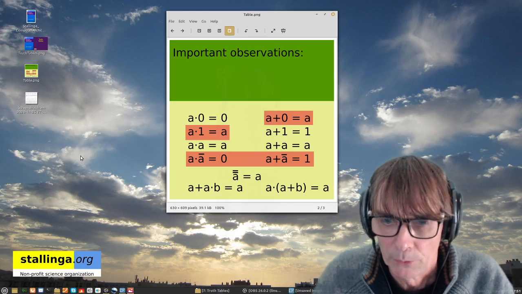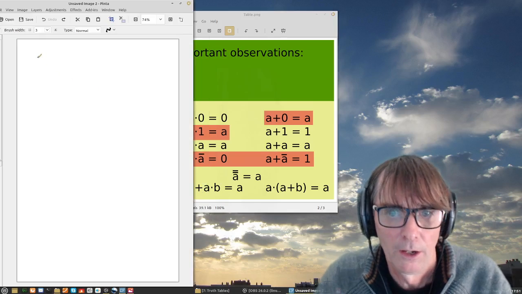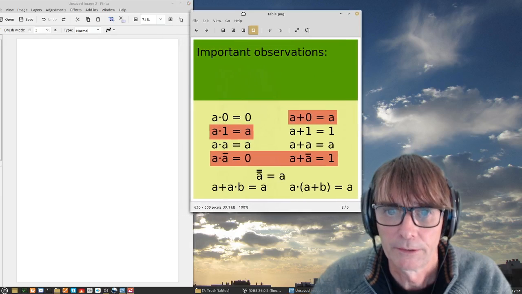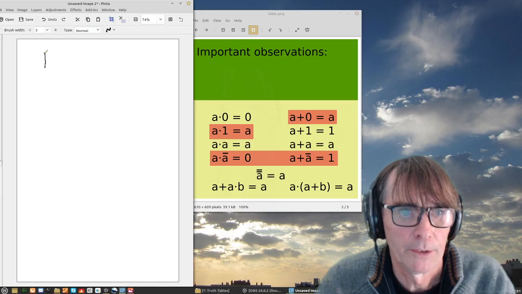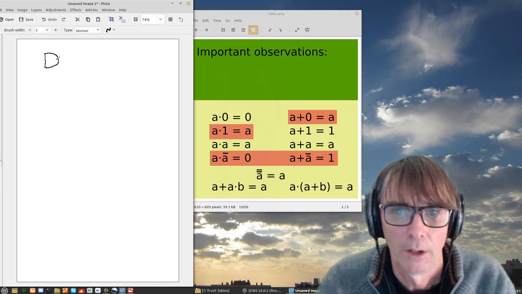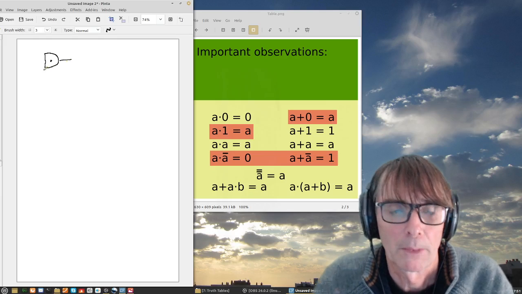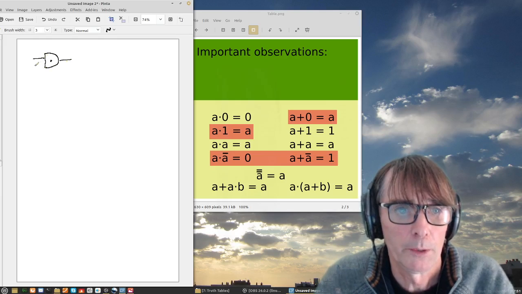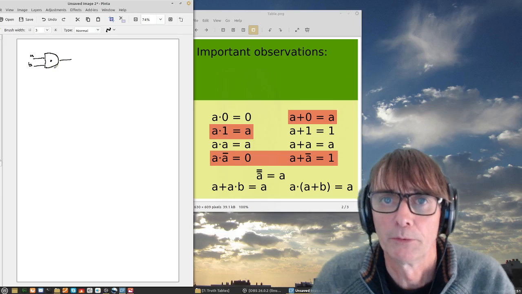So let me show you how that is done. What we need to do: we have some kind of circuit. Let's say we have here our AND circuit, which we can write like this. We have an output and we have two inputs, let's call them A and B. So the function of how this gate works can also be described for other gates.